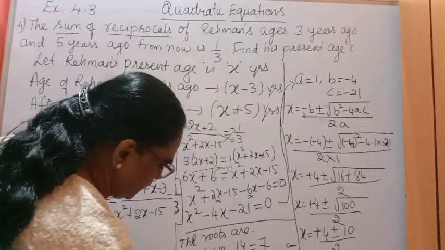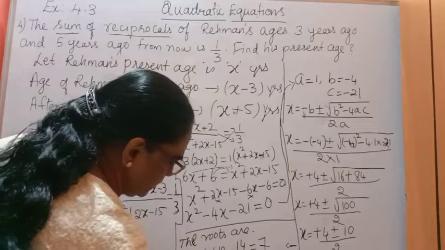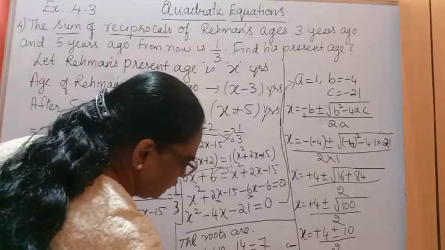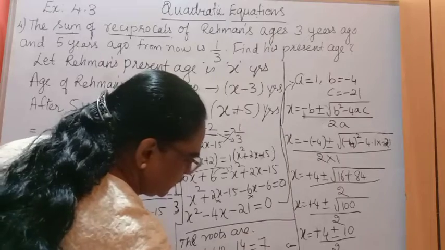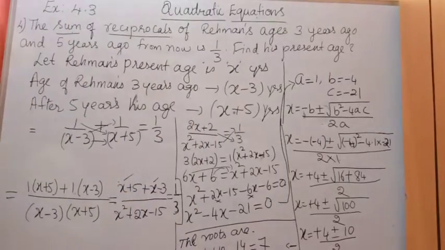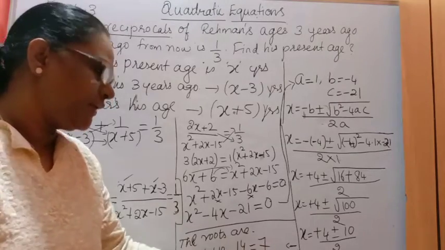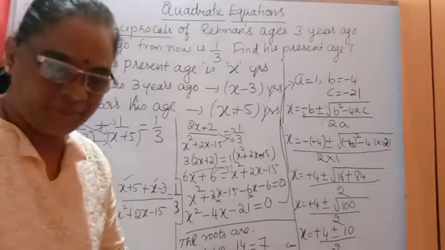One more root is plus 4 minus 10 by 2, that is equal to minus 6 by 2, that is equal to minus 3. Therefore the values are 7 and minus 3.